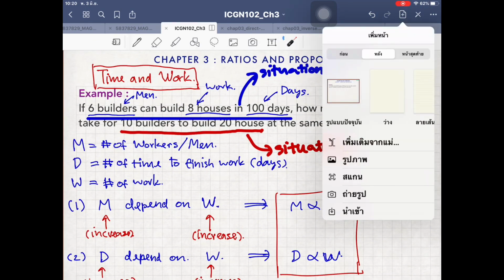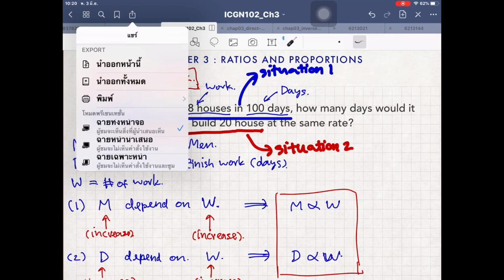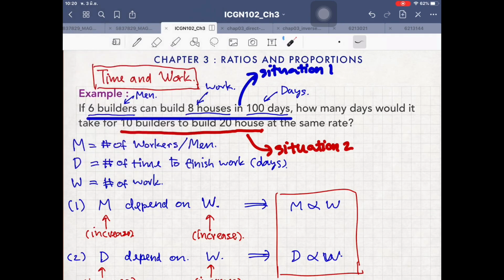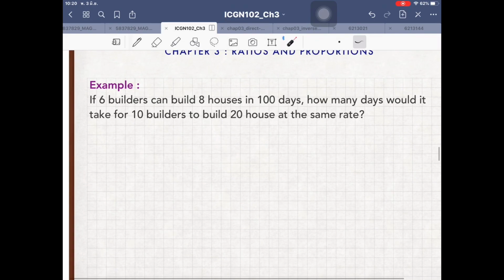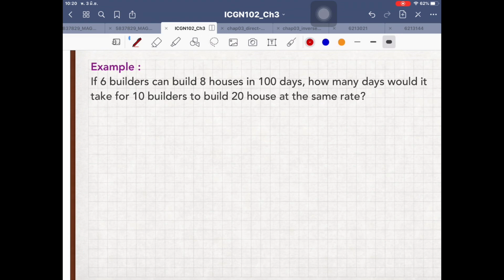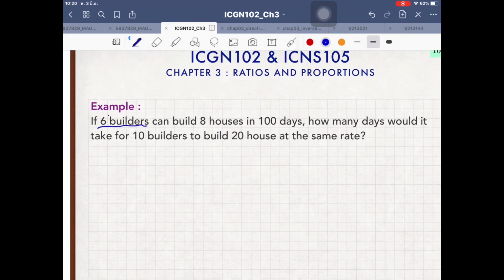All right, I'll copy this page again. Okay, so here six builders will be the value for M1.